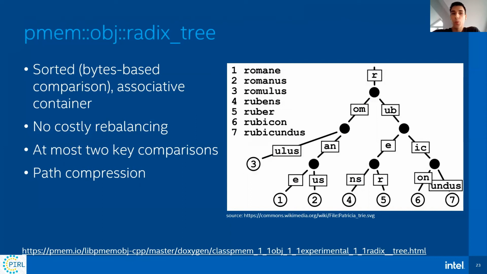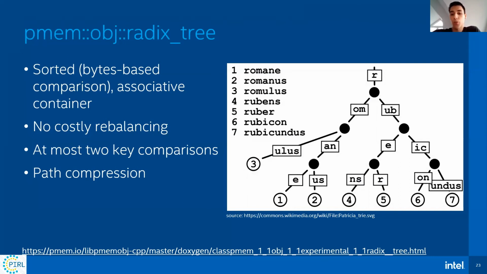Also, notice that we only need to compare the key twice, not log n times like in tree-like data structures based on comparisons. The first comparison is done when we are descending the tree to compare with the edges, and the second time is needed when we are actually in the leaf to make sure this is the element we actually want.